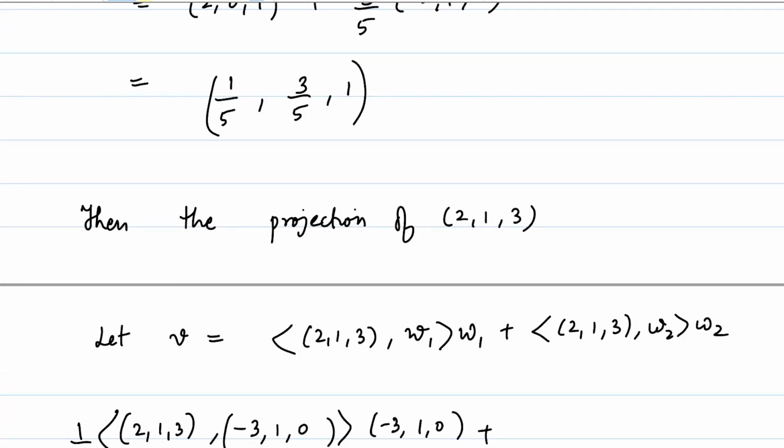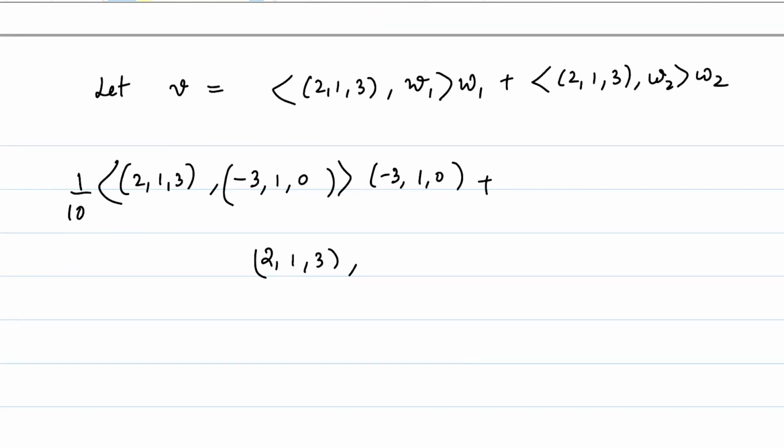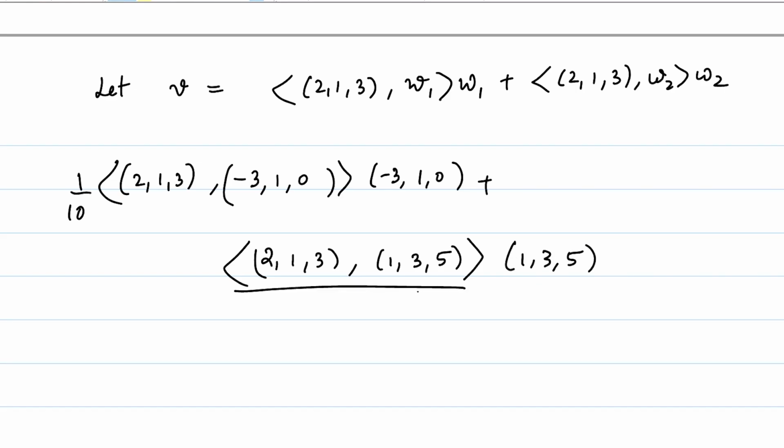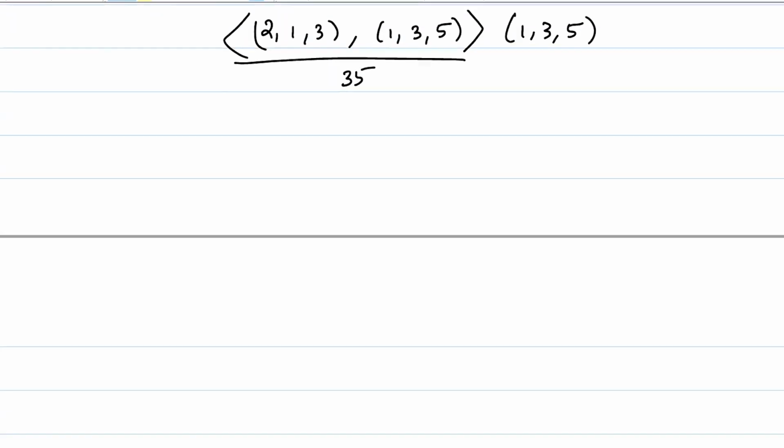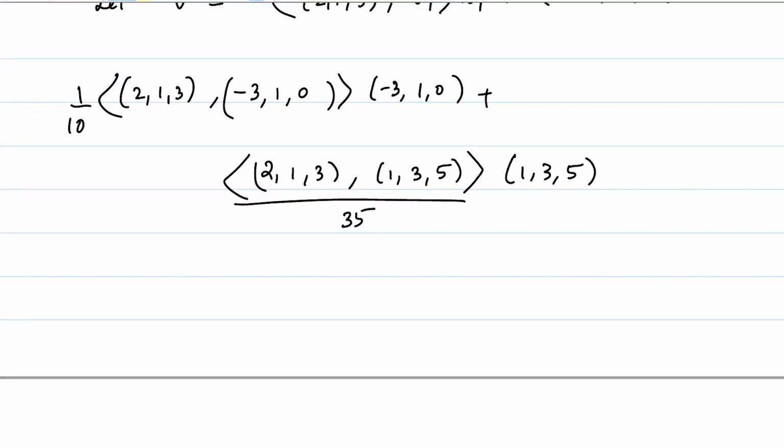So let me just write it as (1, 3, 5), now the product of this with the given vector, by 25 plus 9, 34, 35. This is precisely the projection onto our subspace W.